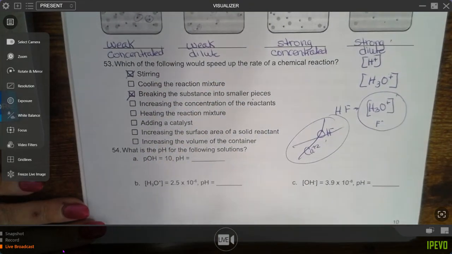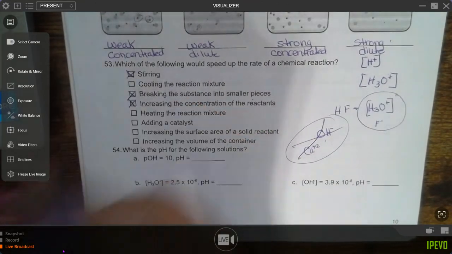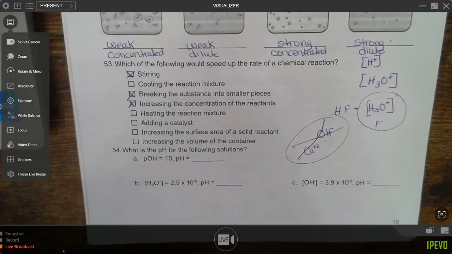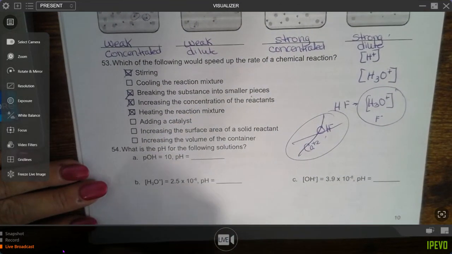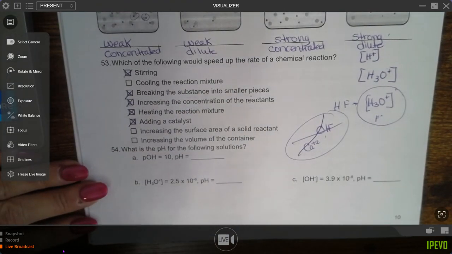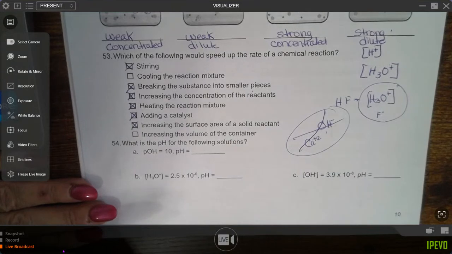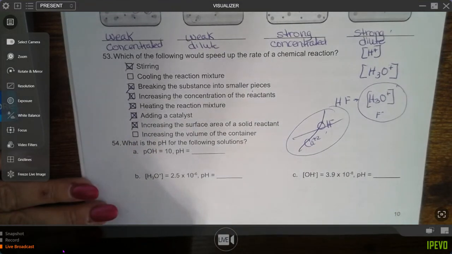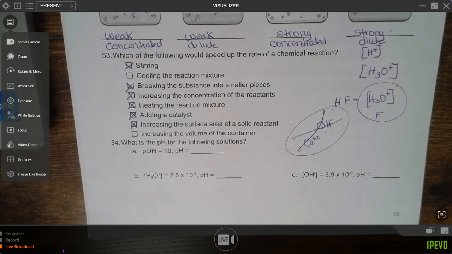Increasing the concentration of the reactants will speed it up because they'll come into contact with each other faster. Heating the mixture, yes. Adding a catalyst increases the rate of a chemical reaction. Increasing the volume of a container just means you're putting it into something bigger, so no, that is not going to have an impact on how fast something dissolves.